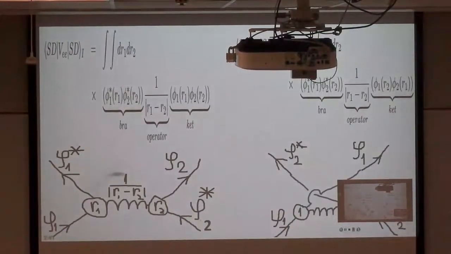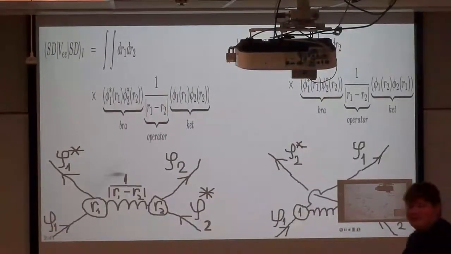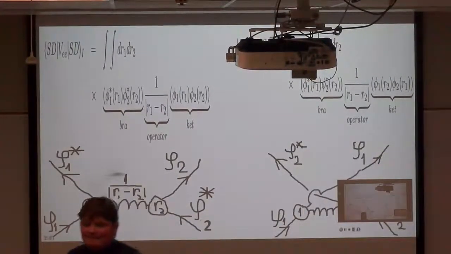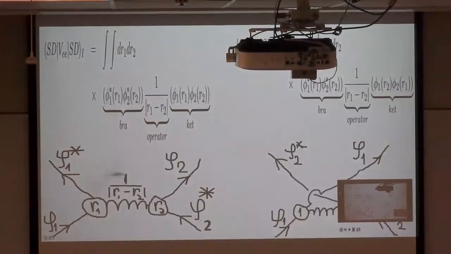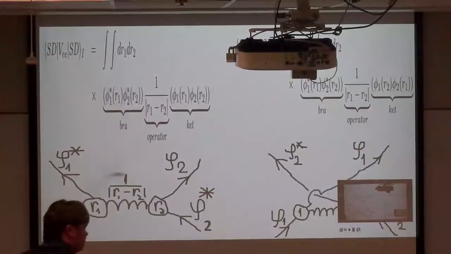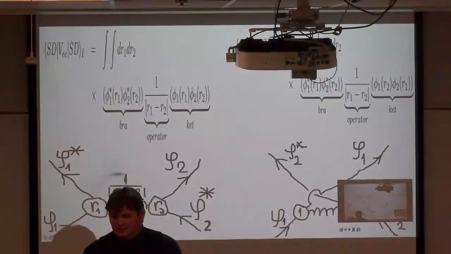It's an oversimplified description of what theorists are doing. Yes? So all these pictures are basically a pictorial representation of the expectation value of the electron repulsion, the electron interaction, yes. Okay.